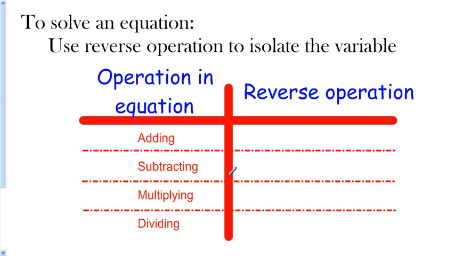To solve an equation, we need to use the reverse operation to isolate the variable. So let's look. If we're adding, what is the reverse operation? The reverse operation is subtracting.